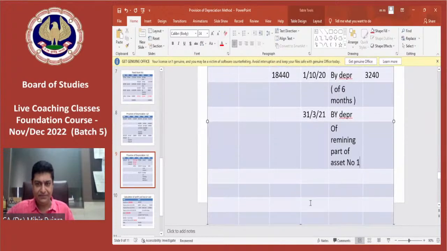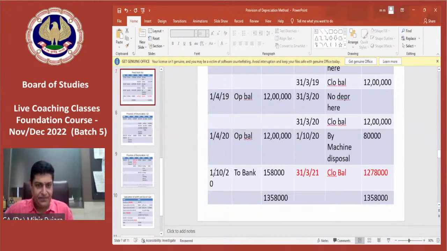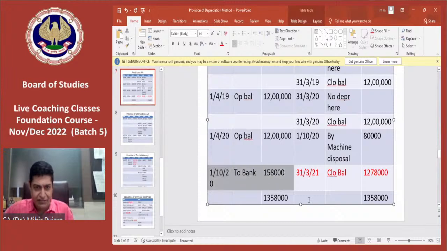And second depre will be of asset number 2. Now guys, here asset number 2 is purchased for 1,58,000 on 1/10/20.